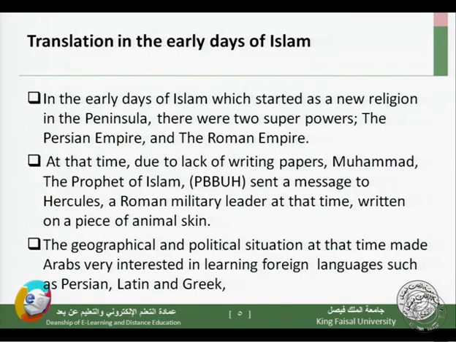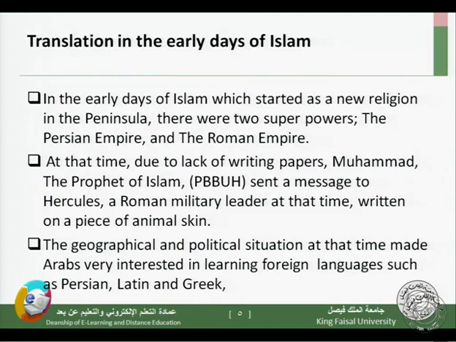The Prophet wrote a message, and to be able to translate this message from Arabic into the Roman language, you need to go through the process of translation or interpreting. But at least this is an example of a written message by the Prophet to Hercules.